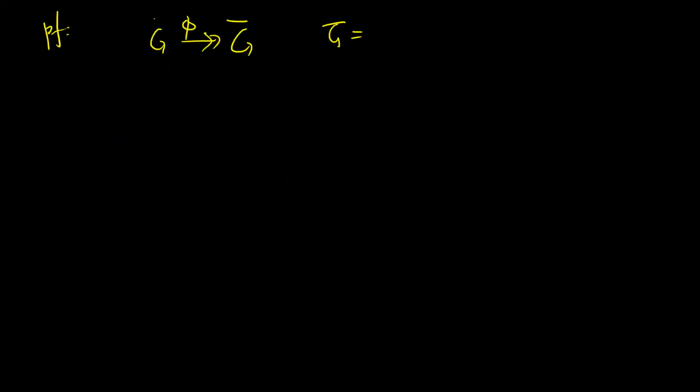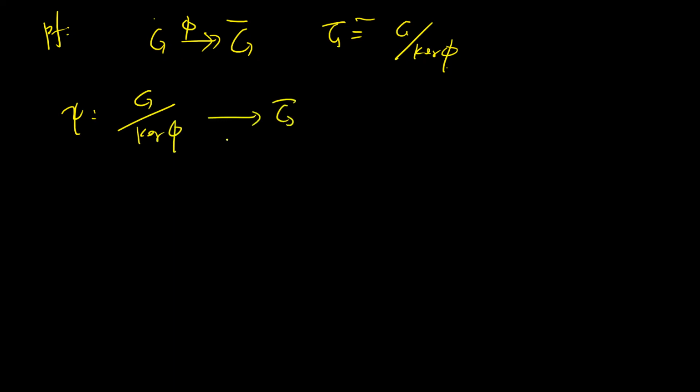So I can reduce to the case where the map is surjective, and I only need to prove that G bar is isomorphic to G quotient the kernel of phi. That means we need to construct a psi map from G quotient the kernel of phi to G bar. Each element xK, I just map to phi of x. Simple. Now we need to show that this is an isomorphism.